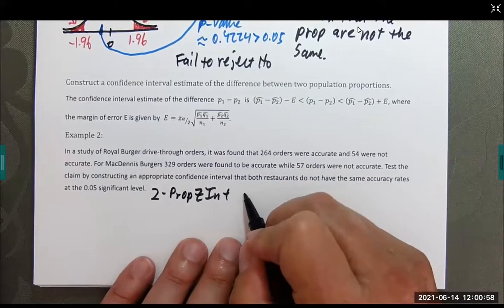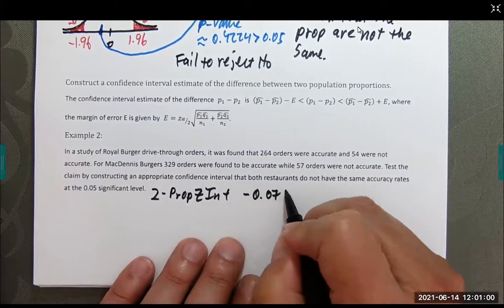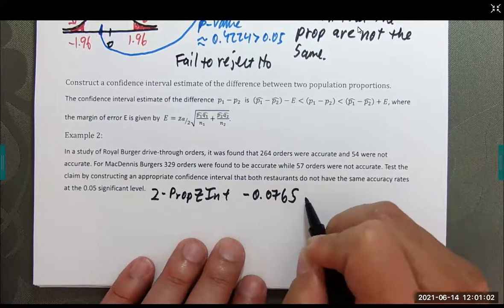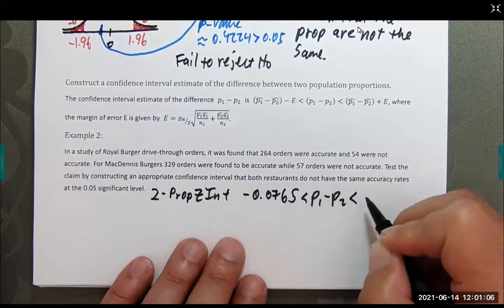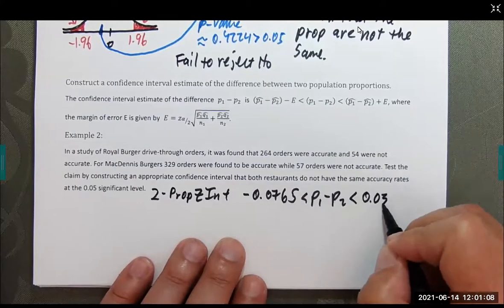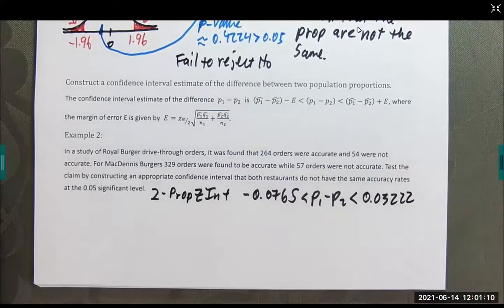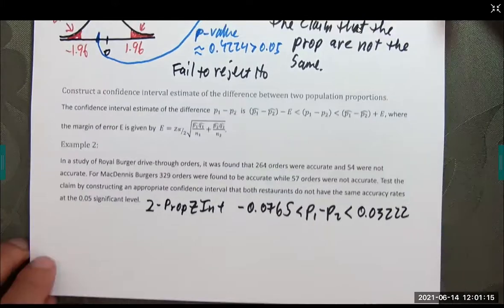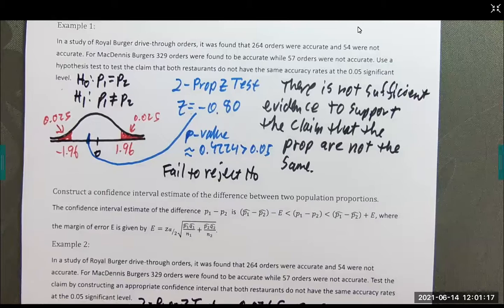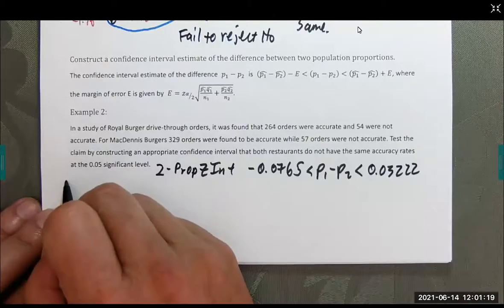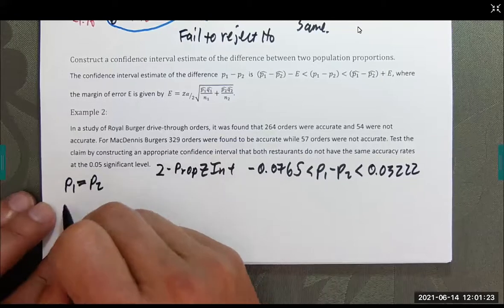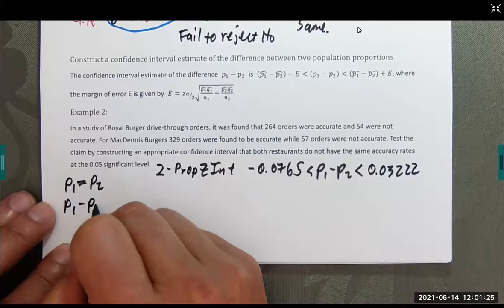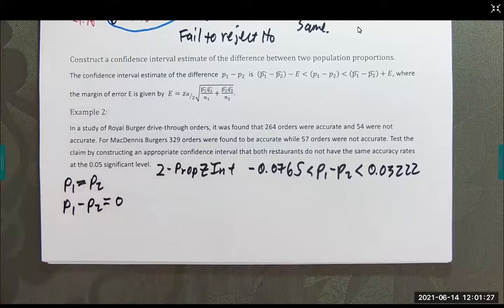So negative 0.0765 and 0.03222. Now, the assumption, hypothesis from up here, is that P1 and P2 are the same. Now, if P1 and P2 are the same, if I move the P2 over, then we're assuming that there's a 0 in there.